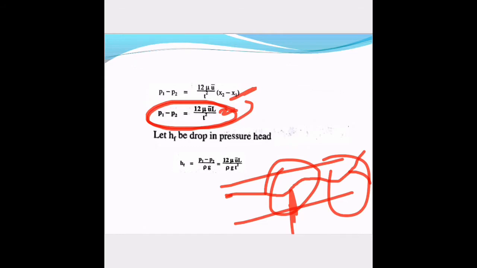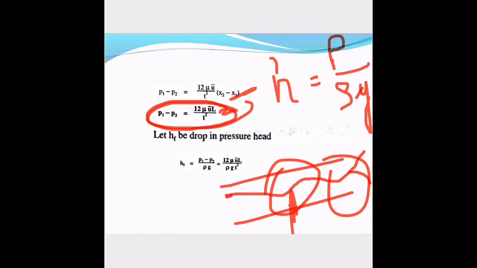That means if hf is the drop in pressure head, then your equation will be hf equal to P1 minus P2 divided by rho g equal to 12 mu u bar L divided by rho g t square. Okay, is that clear to you?